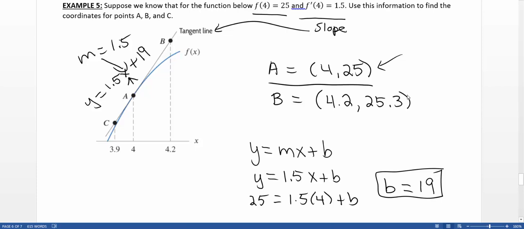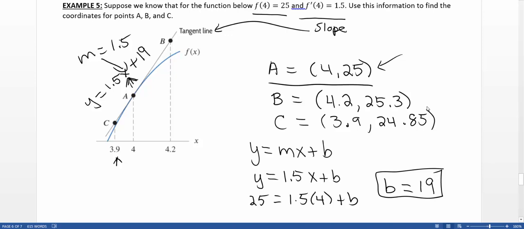If you look at the picture, you're expecting the y value to be bigger than the y value at A, because it was above A. And here, if we want to find C, we're going to take 3.9, which is the x value at C, and plug it into the equation of the line here for x. And when we plug in a 3.9, we're going to get 24.85, which again makes sense.